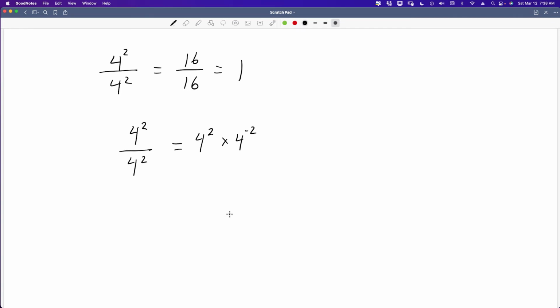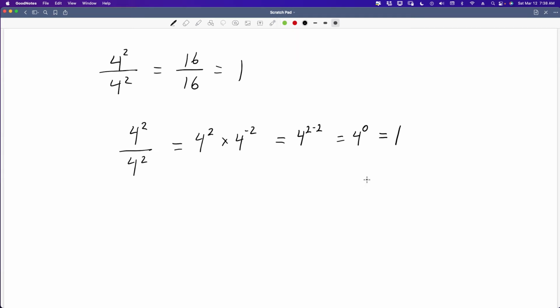Well, when we have the same base multiplied, the rule tells us that we can add those exponents with the same base together. So we could say 2 minus 2. Well, isn't that 0? 2 minus 2 is 0. So, by that example and this example, we know that 4 to the 0 is just equal to 1.